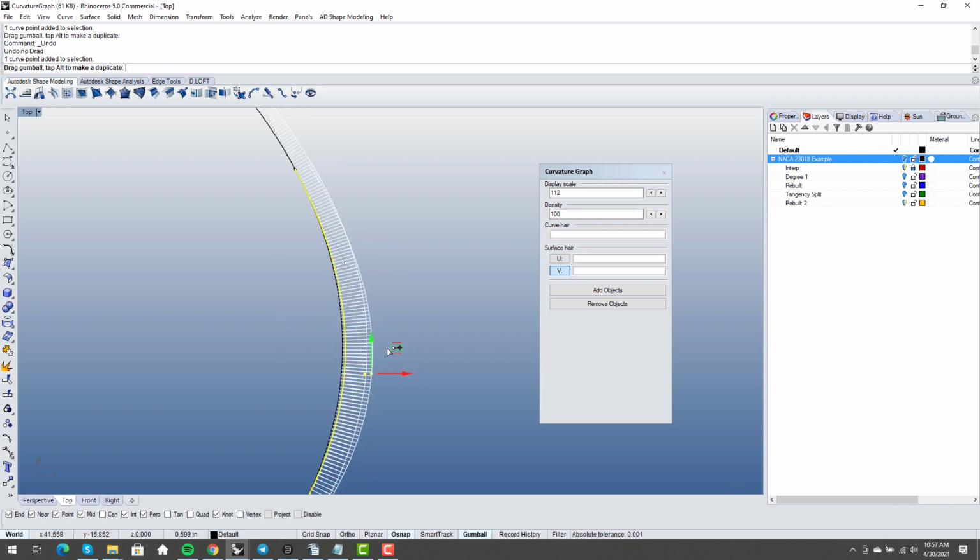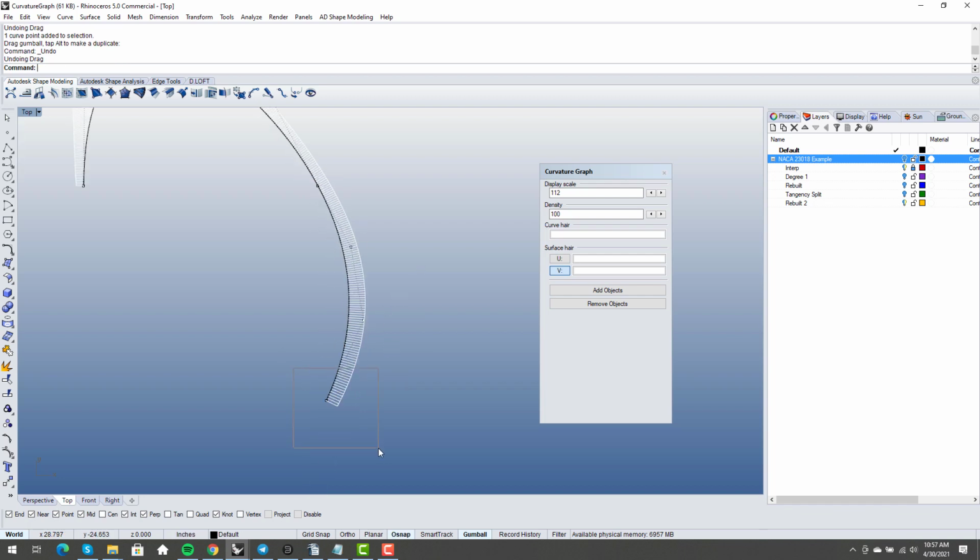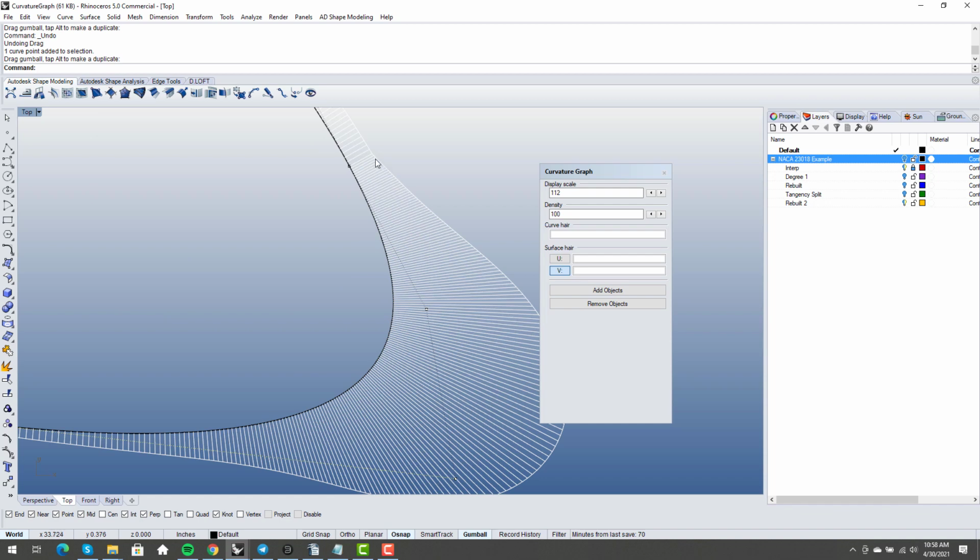This one only controls amplitude. You can see it's only going up or down. We're losing curvature, but it's only going up or down. And then this last fourth point here controls just the angle of the comb right here.